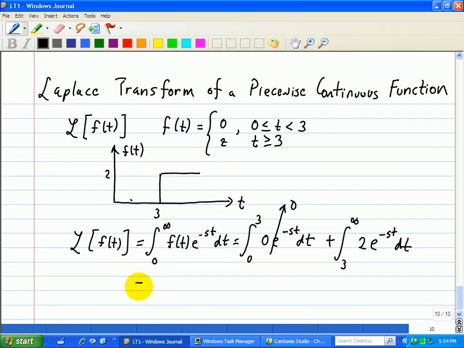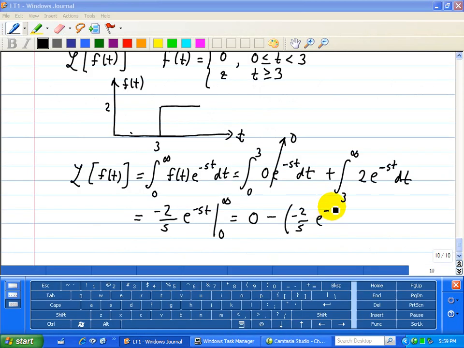When you complete this integral, we have simply negative 2 over s e to the minus st with an upper limit of infinity and a lower limit of 3. Well, the upper limit is 0 when you substitute infinity in this expression, minus negative 2 over s e to the minus 3s.